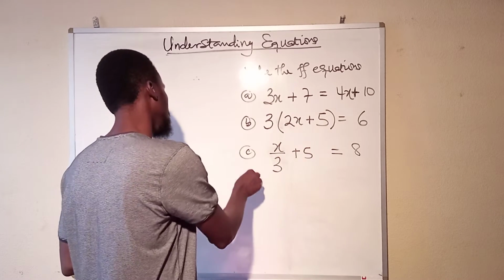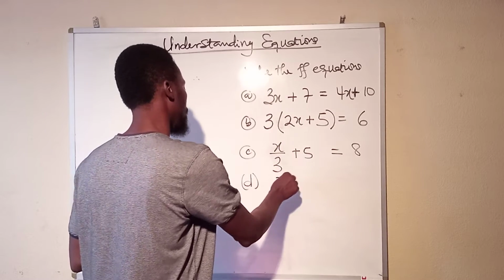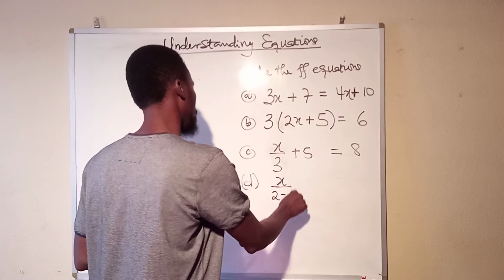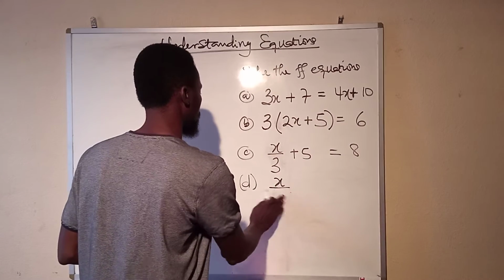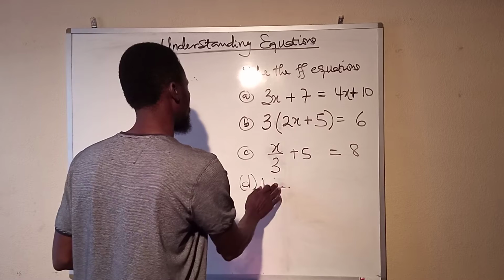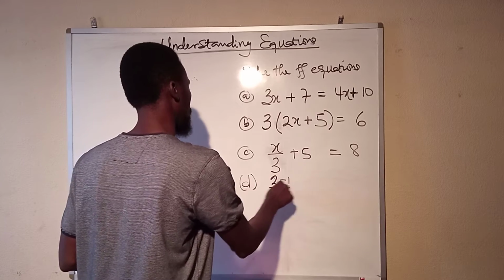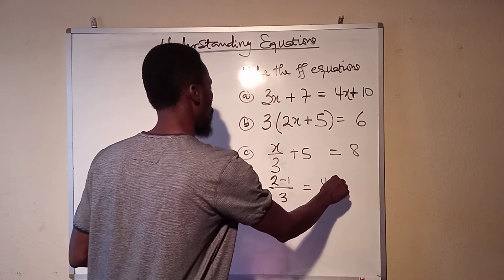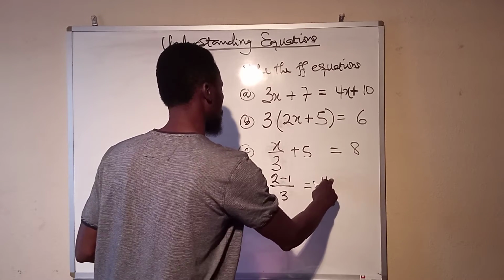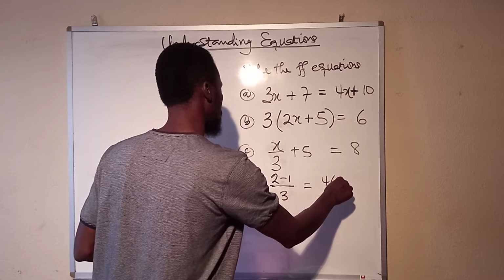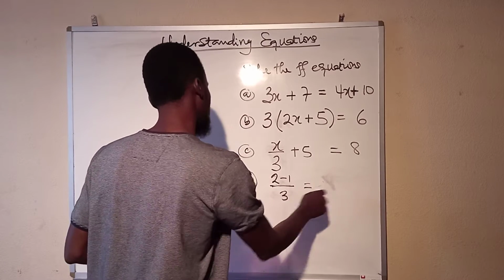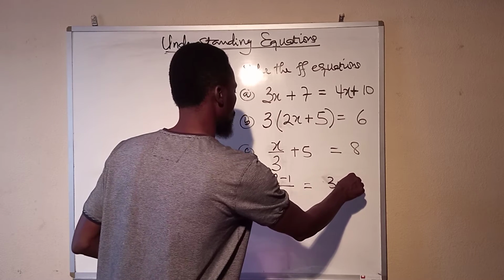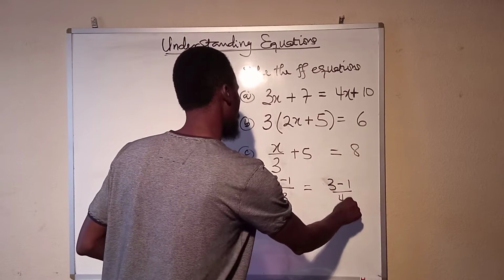So let's have a D, where let's say we have x over 2 minus 1, all over 3, is equal to 4, let's say, 3x minus 1 all over 4.